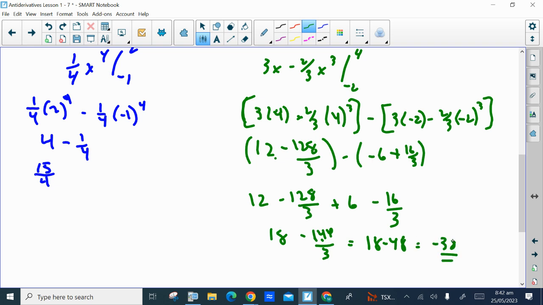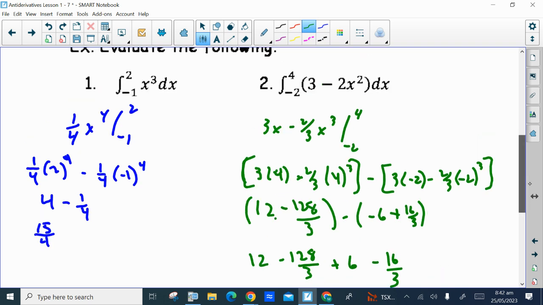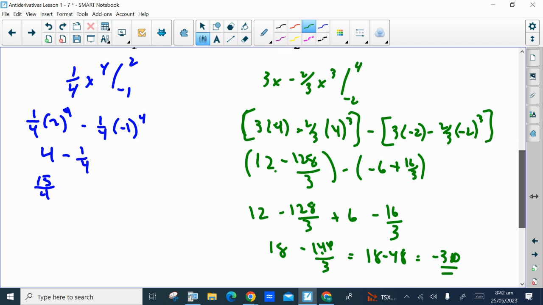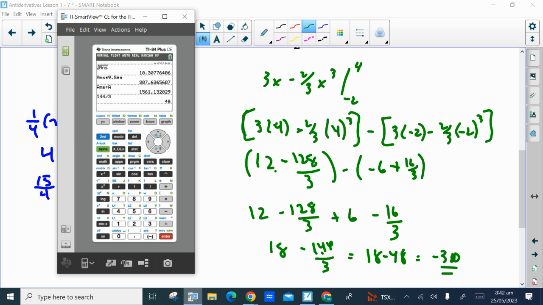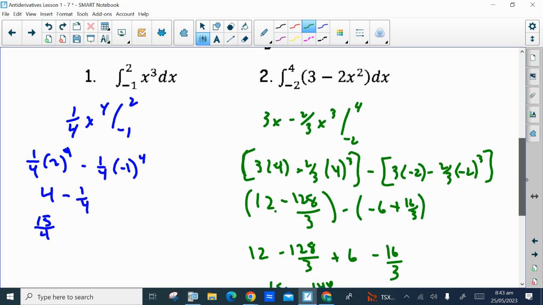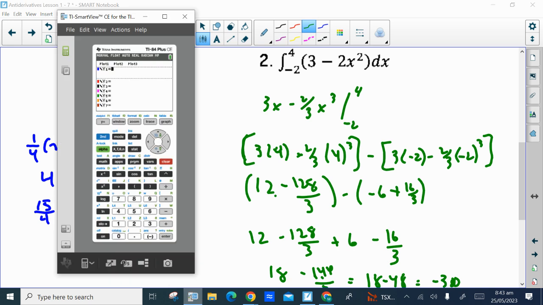So remember, we're not talking about area here. So it doesn't matter that it's negative. And also remember, we saw yesterday that we can use our graphing calculator if you're doing an assignment just to check. Right? So our original expression is 3 minus 2x squared.